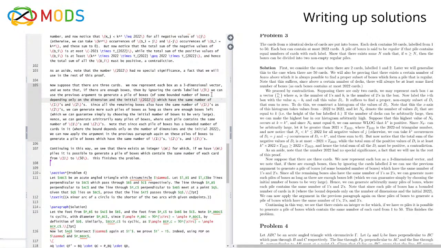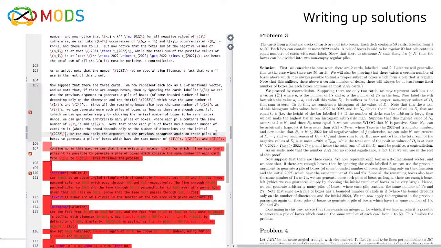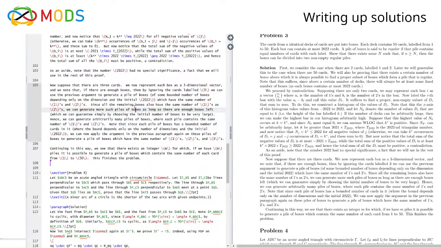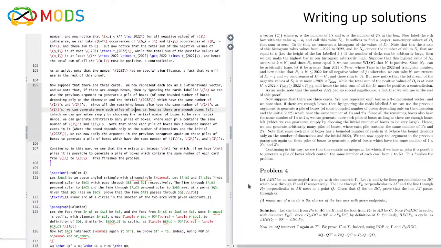What are you writing up? I'm just trying to make this rigorous because it's very annoying to write up. You need to prove that when you do this induction, everything stays finite, and that the 2022 changes to some other number when you go from 2 dimensions to 3 dimensions.